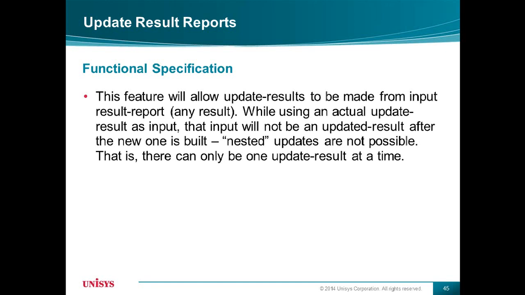We have a restriction on the result reports. It would allow only one result report to be changed at any given point of time. We cannot have nested result updates. What is a nested result update?